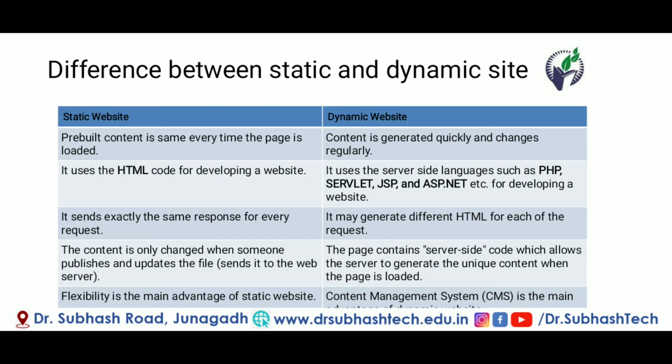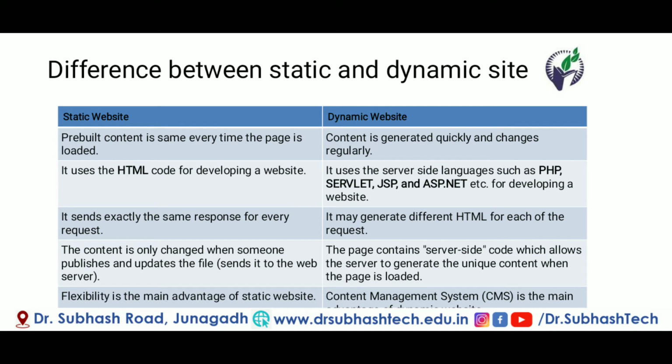Whenever you define a static website or a dynamic website, you can easily differentiate them, but what are the major differences? A static website is pre-built content. It means that you just create a number of pages, and whenever a request comes from the client, you just display those limited pages as a response.